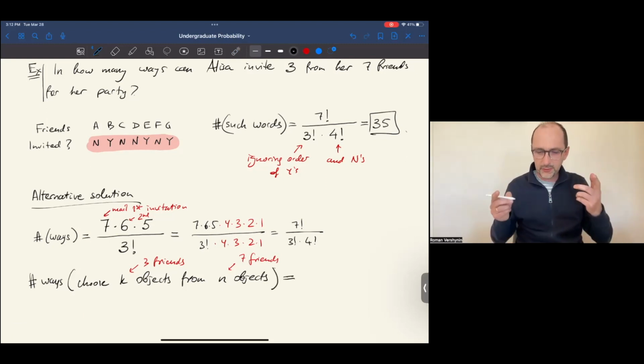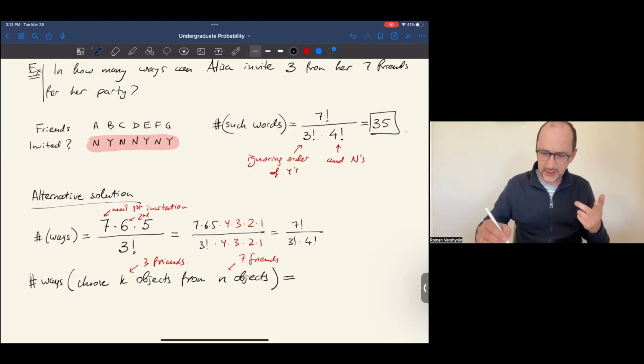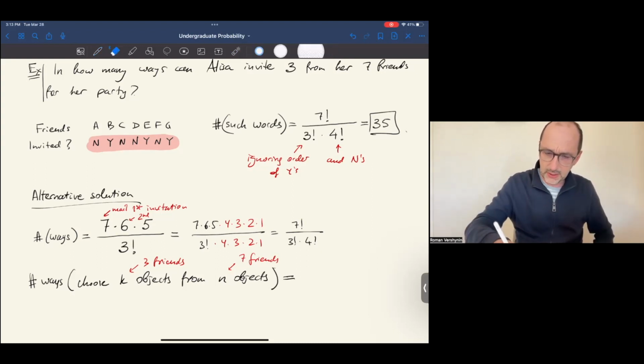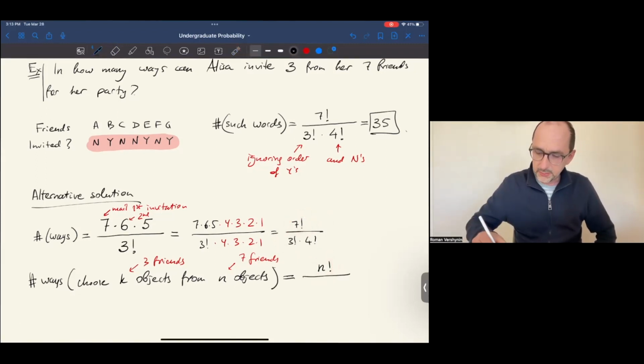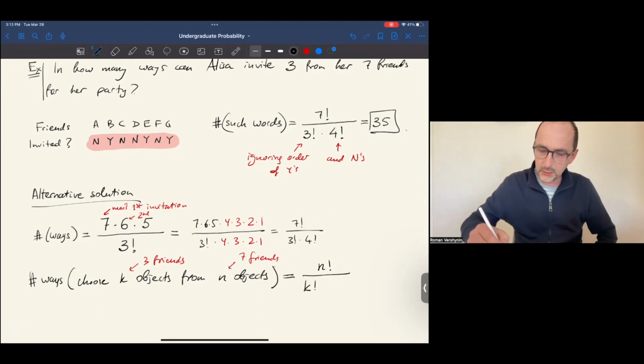Let's just redo the same problem, but with general n and k. What it's going to be is n factorial on the top, just for the same reason, divided by, and now the correction comes, divided by k factorial, and further divided by n minus k factorial.